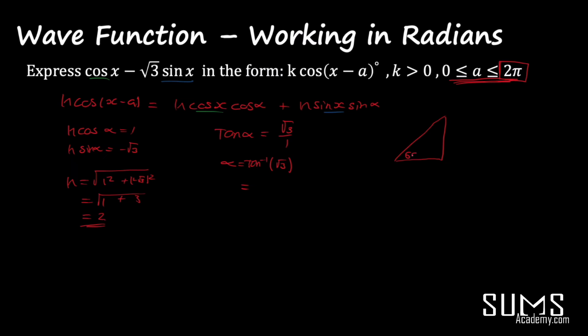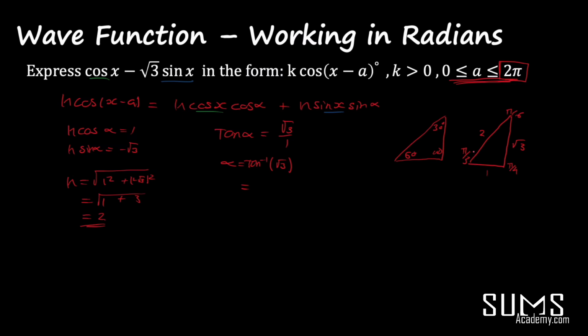You used to have 60 degrees, 30 degrees, 90 degrees, but when you're working in radians, you're going to have pi over 3 and pi over 6 and pi over 4, and these are still going to be 2, 1, and root 3.